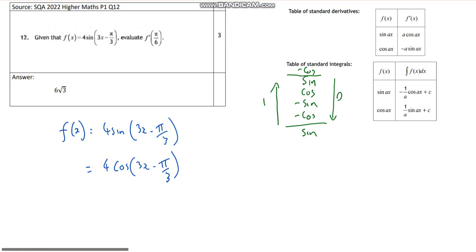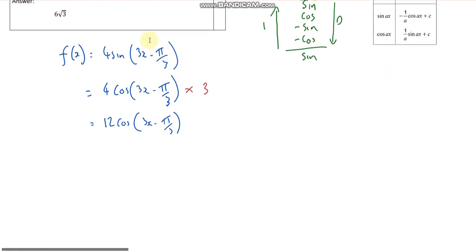And I'm going to multiply through by the differential of the bracket, which is just 3, because numbers disappear when we differentiate. So for my final line, I've got f dashed of x equals 12 cos of (3x take away pi over 3). Fantastic. But I need to know what the differential is at pi over 6.